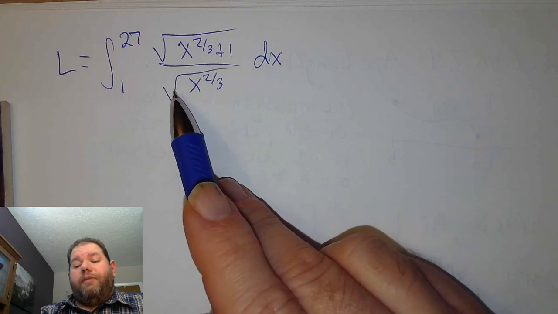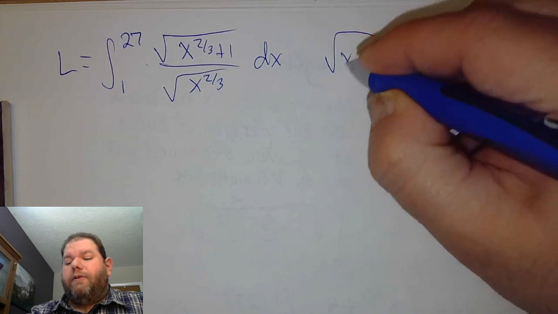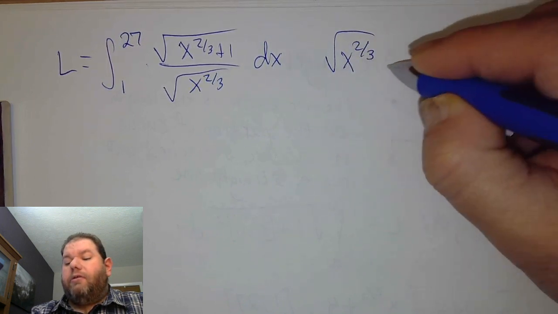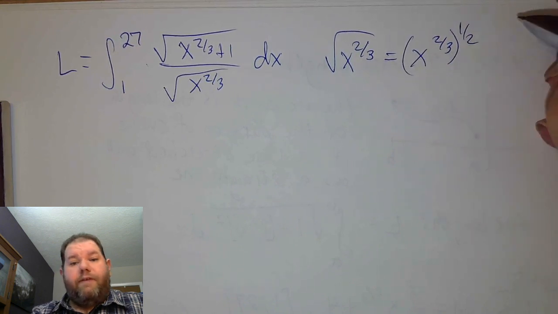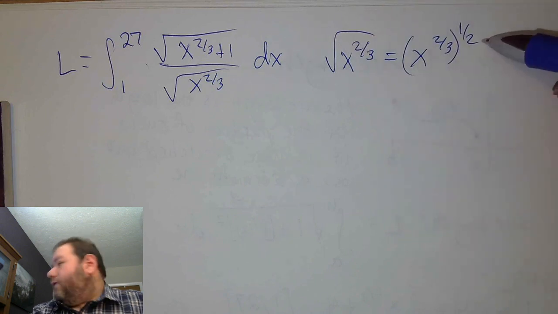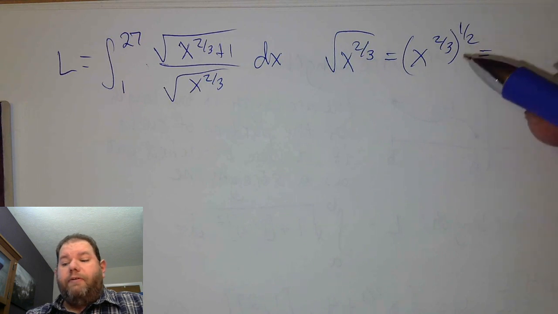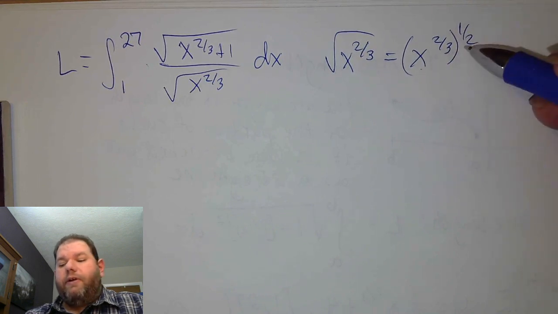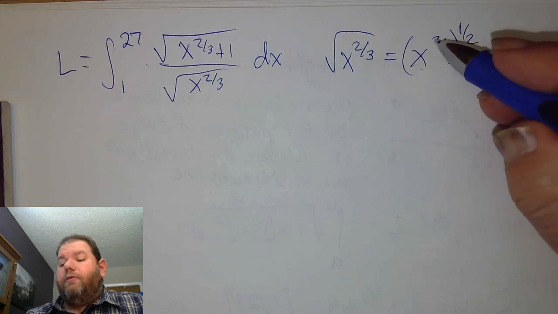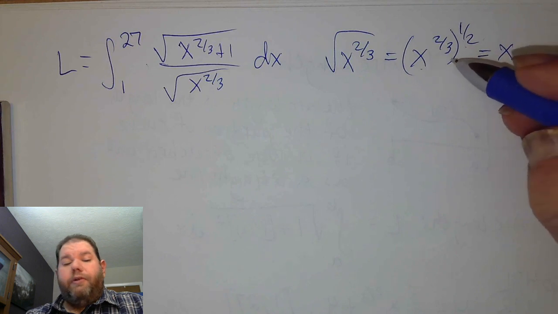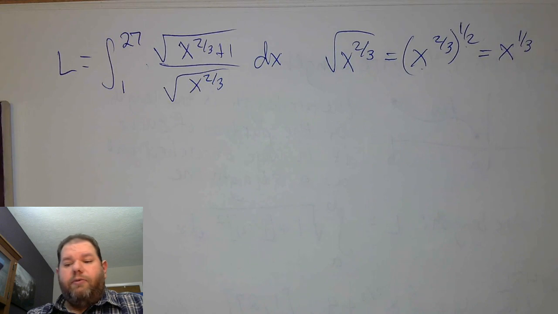Now, when we think about the square root of x to the 2/3, it might be better to say x to the 2/3 raised to the 1/2 power, because we know the square root is the same thing as the 1/2 power. And again, with x raised to one exponent and then to the other, we multiply these two exponents together. So it's 2 times 1 on top, 3 times 2 on bottom, so it ends up being 2 over 6, which is x to the 1/3.